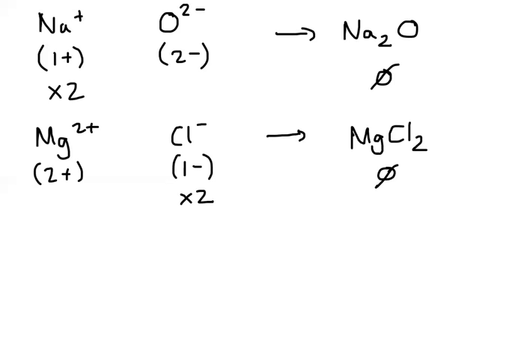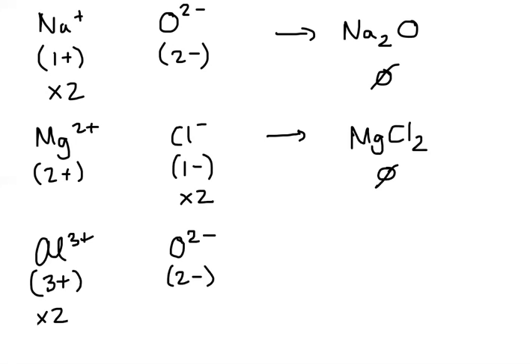You will also have cases where you can't just multiply one element by a number, you have to multiply them both. For example, Al3 plus and O2 minus. In this case, we have a 3 plus and a 2 minus charge. So we need to find the lowest common multiple, which for 3 and 2 is 6. So we're going to multiply this one by 2 for an overall positive 6 charge, and this by 3 for an overall negative 6 charge.